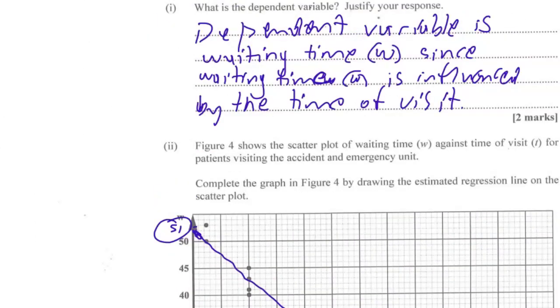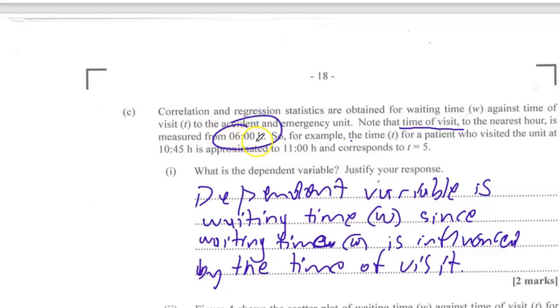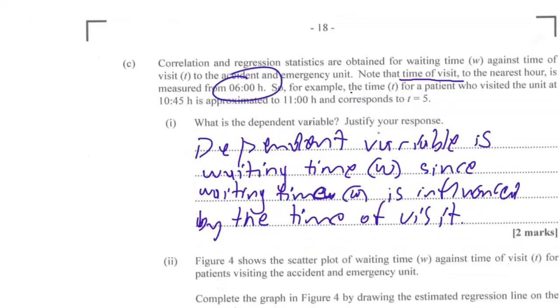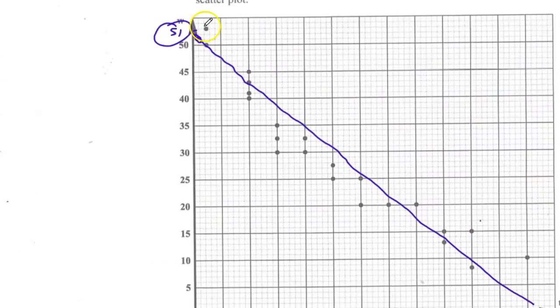Alright, so note that time of visit to the nearest hour is measured from 6 a.m. Alright, so if the time of arrival is 0, so this is actually 6 a.m. So if your time of arrival is 6 a.m., you will actually wait. Your waiting time would actually be 51 minutes.